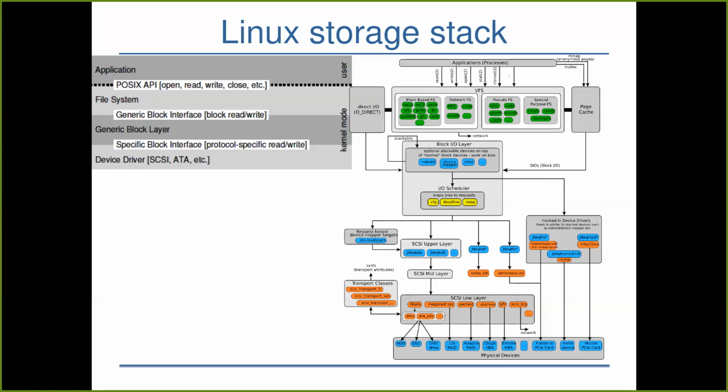And eventually you reach the hardware part, where you talk to the actual hardware, the specific registers and so on. So that's how long it takes when you write to some file. You see how many layers it has to go through.